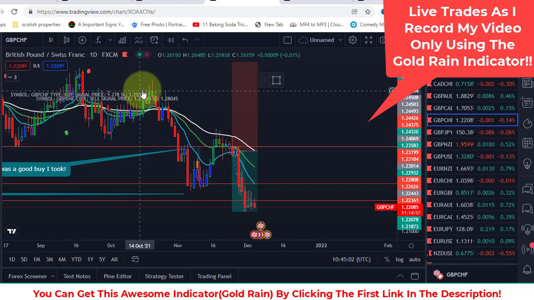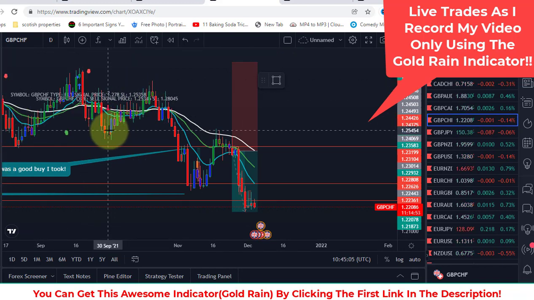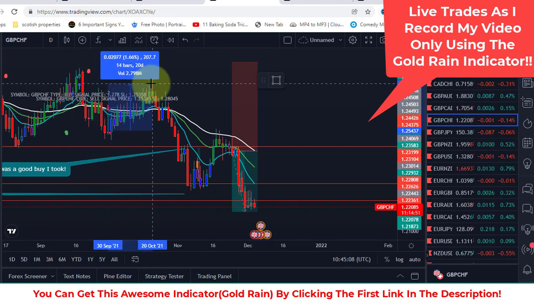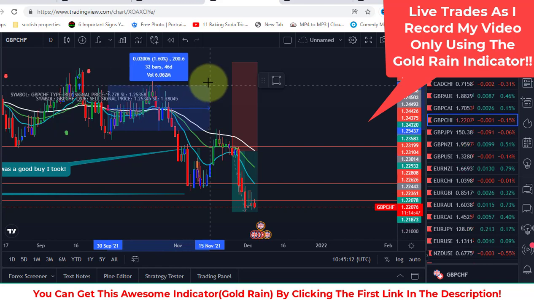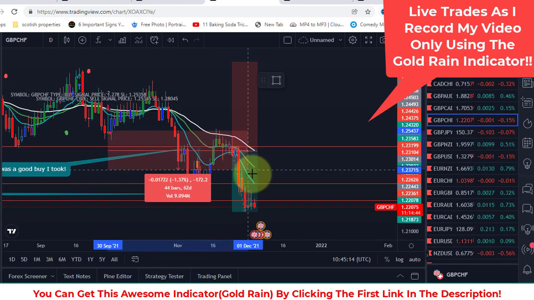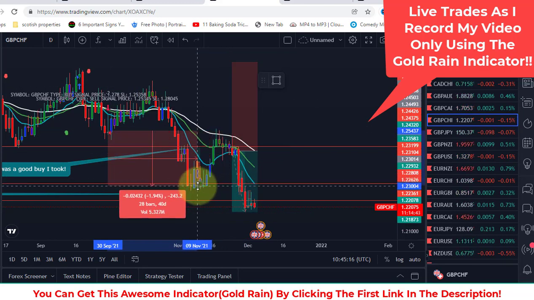While you would be in massive drawdown, guys. If you enter here, you're going to be in a drawdown of 207 pips. Then you would be in profit, and you hold it as long as you want, maybe till here, and then catch 243 pips in one week to almost three weeks.